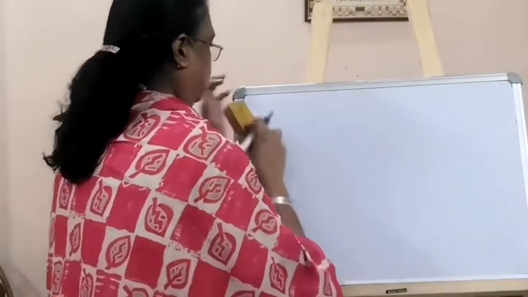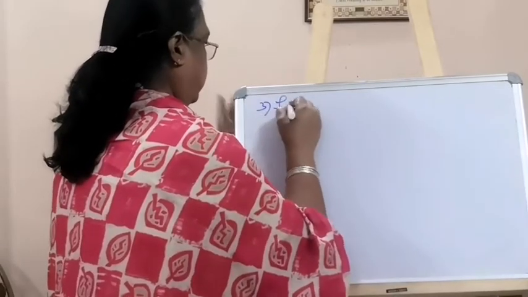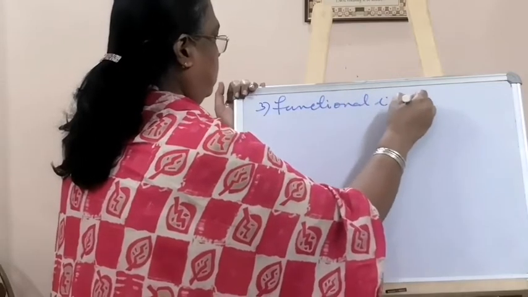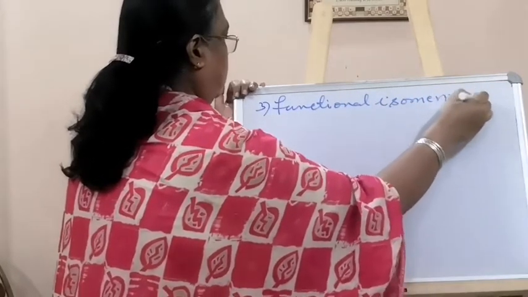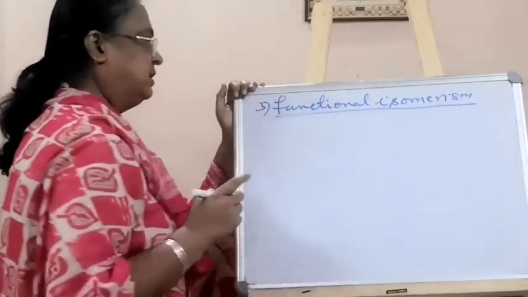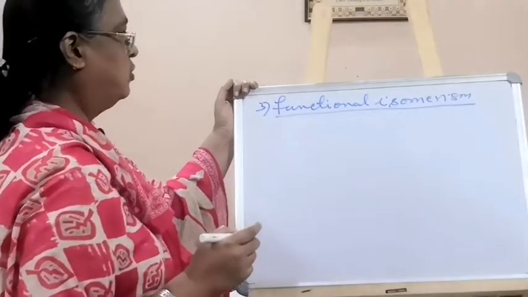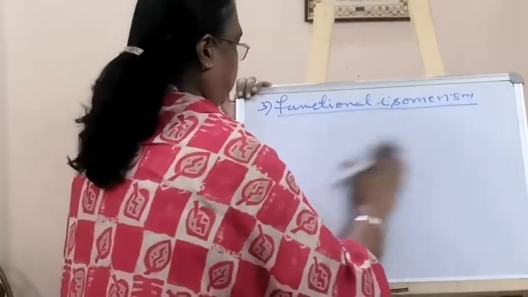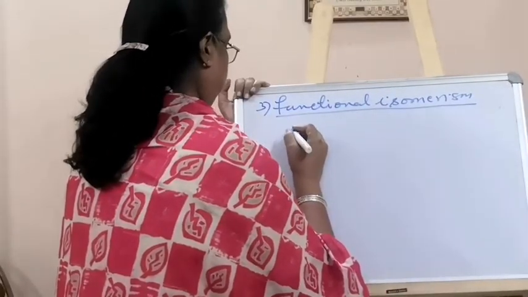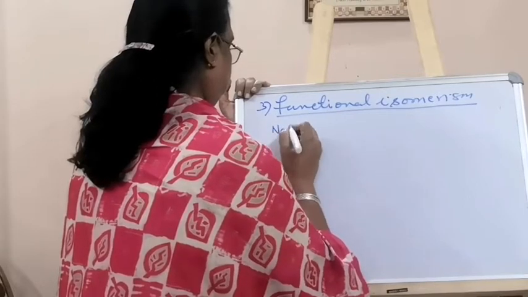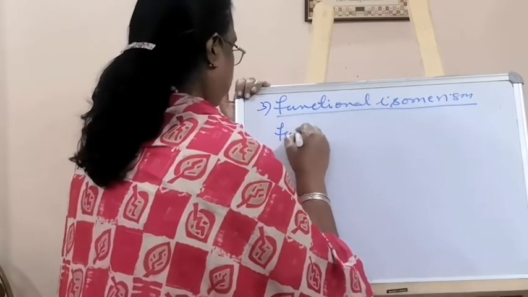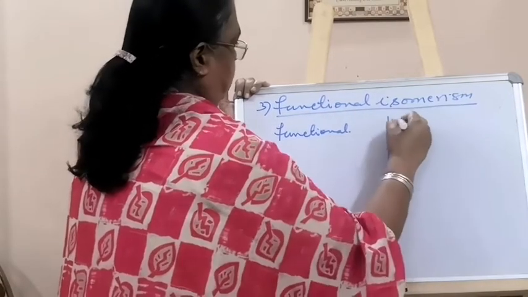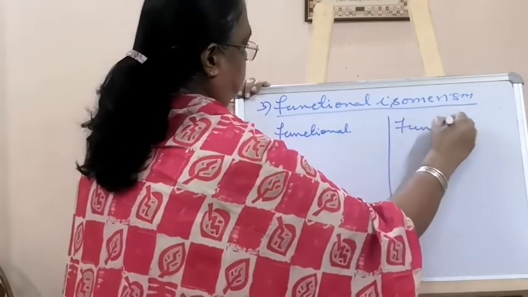Now the third kind is functional isomerism. When the molecular formula is the same but the functional groups are different in the isomers, then for this you will have to learn a list. So I write down the functional group and the functional isomer.